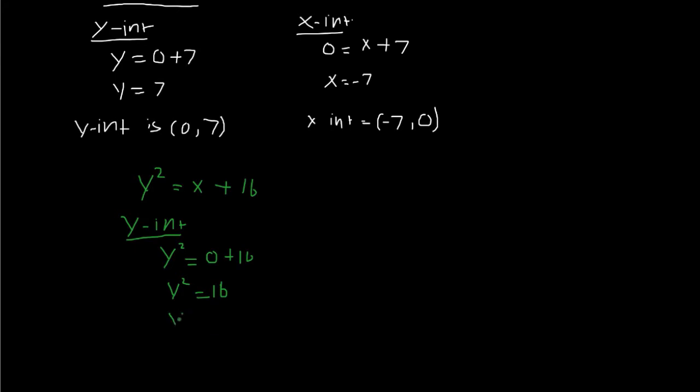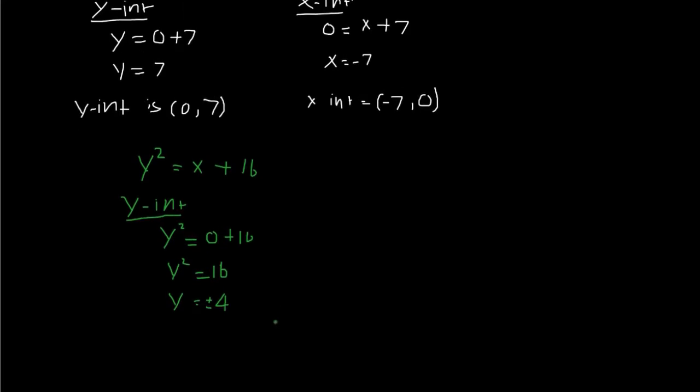So, y equals 4, but not just positive 4, it should be positive or negative, plus or minus 4. So it means we do have two y-intercepts.